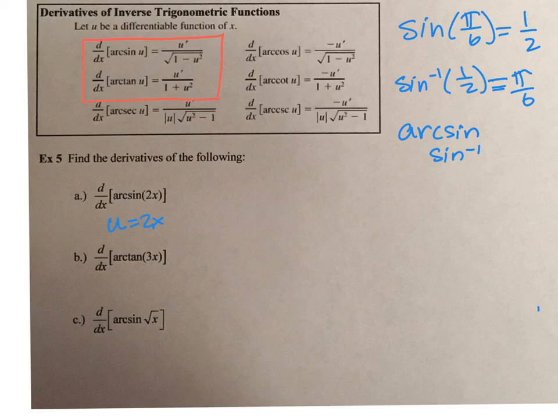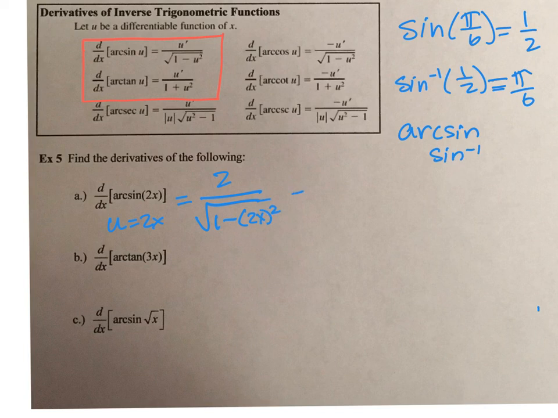So to find the derivative of arcsine of 2x, let's first identify u as 2x, and then just use the formula. That's going to be equal to u prime. Well, if u is 2x, then u prime would be 2, over the square root of 1 minus u squared. Remember, u was 2x, so we're going to square that.